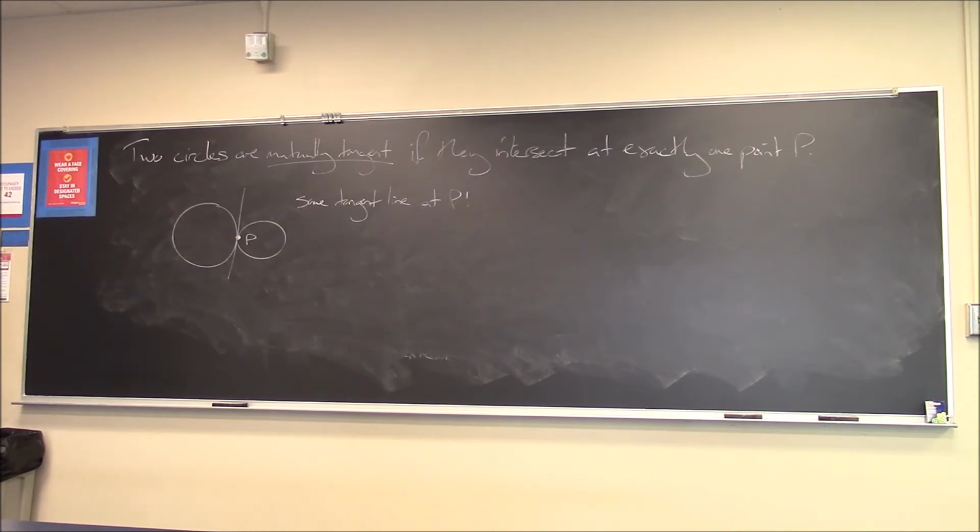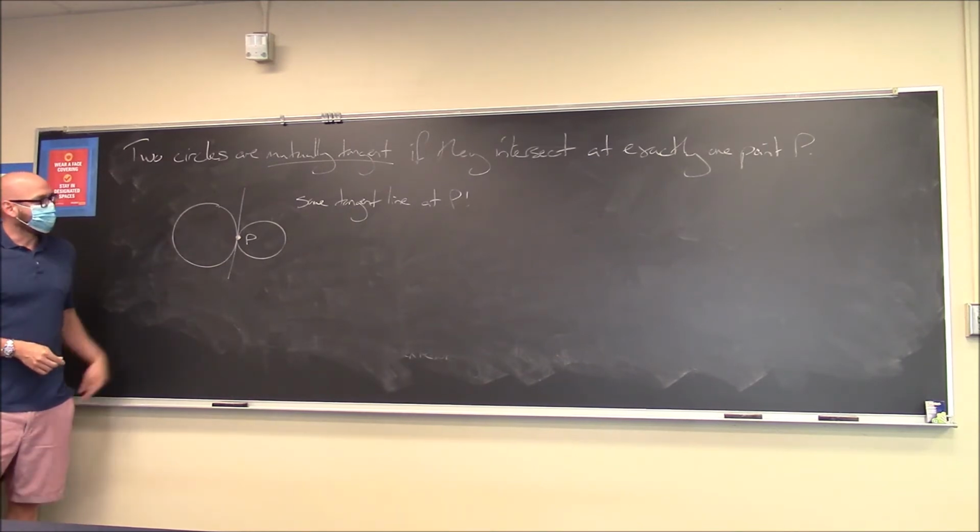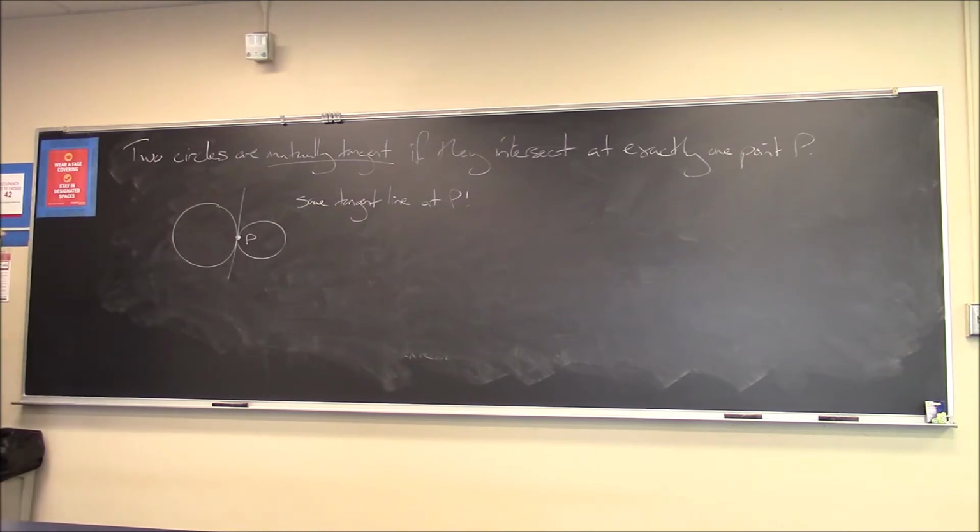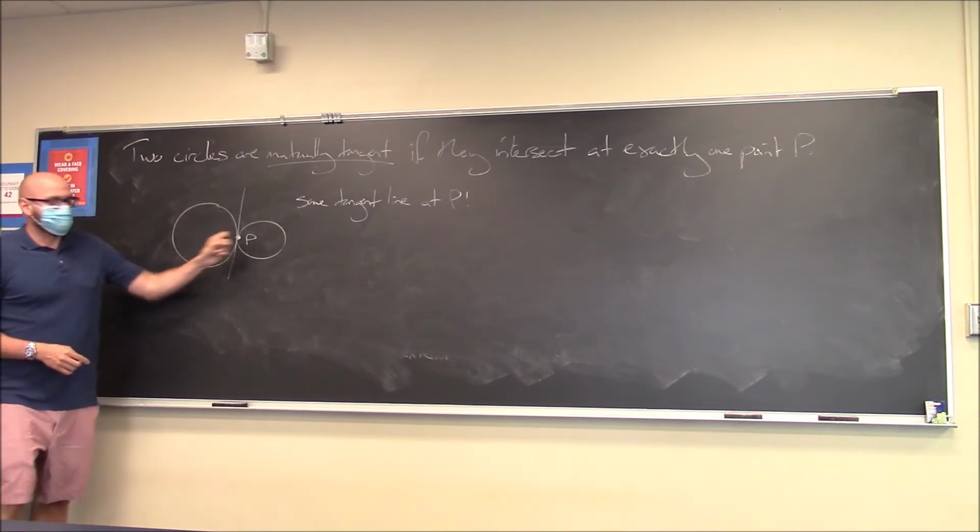Is this the only way this can occur? If you think about all mutually tangent circles, would the picture always look like this? How else do they look, James? Or one circle could be inside the other. Yeah, so this is called externally mutually tangent.